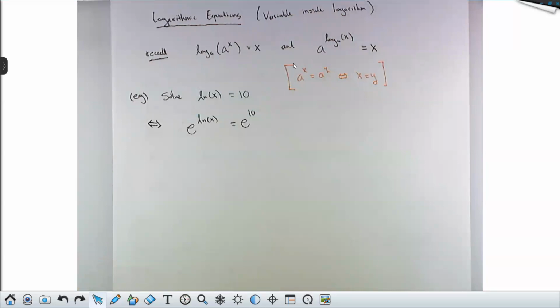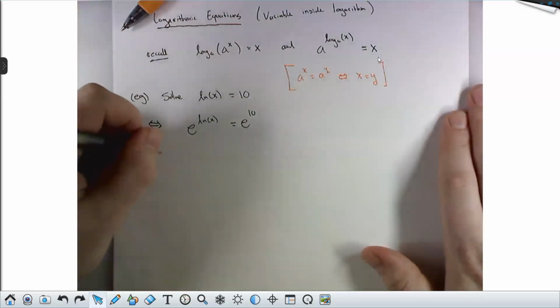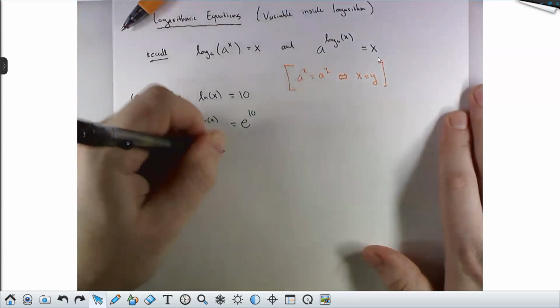So if I put both of those things in the exponent of the same base, they should be equal as well. Now on the left-hand side, e raised to the ln of x is like a raised to the log base a of x. That's just x. So x is equal to e to the 10.